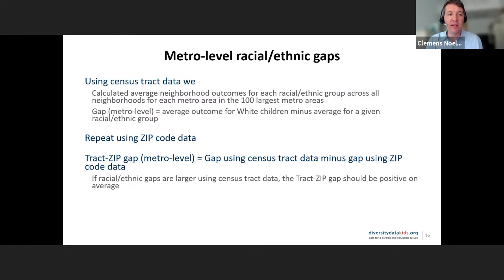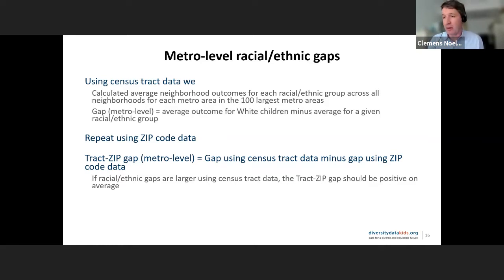So what we did is, first using census tract data, we calculated the average neighborhood outcomes for each racial ethnic group across all neighborhoods in a given metro in the 100 largest metro areas. And then we calculated a gap as the metro level gap in the average outcome for white children minus the average outcome for a given racial ethnic group. We did that once using census tract data, and then we repeated that with zip code data.